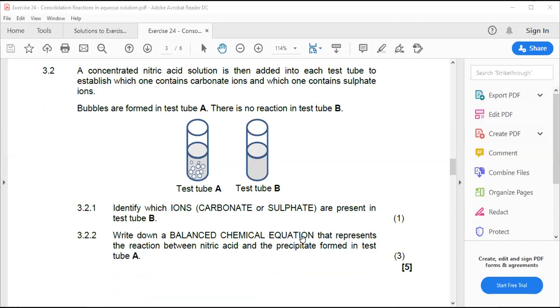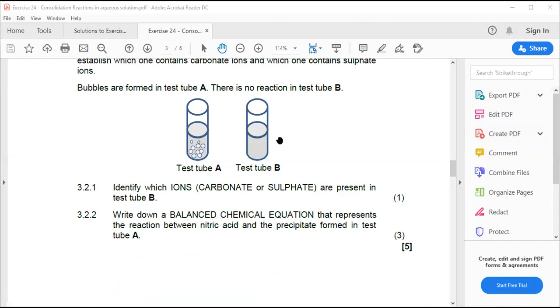Write down a balanced chemical equation that represents the reaction between nitric acid and the precipitate formed in test tube A. So now we're going to have to write this one down. Let me just quickly share this.